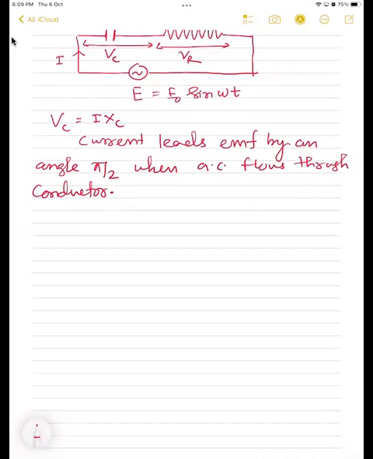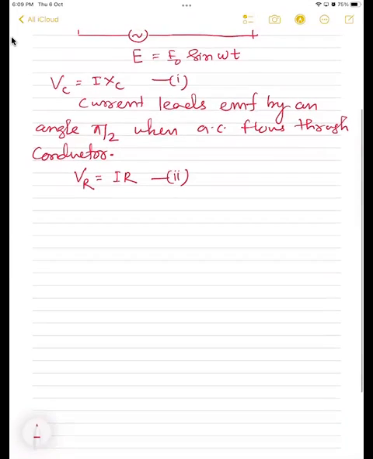And what is the voltage drop across the resistor? Same, I into R. And in a resistor, voltage and current are in the same phase.